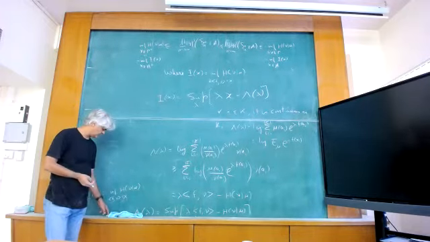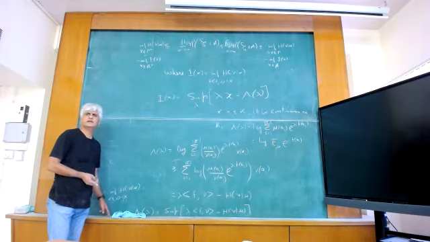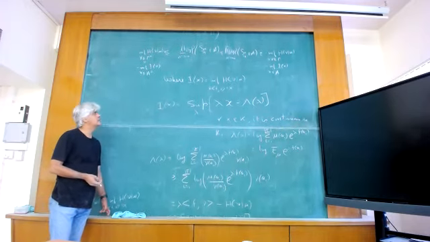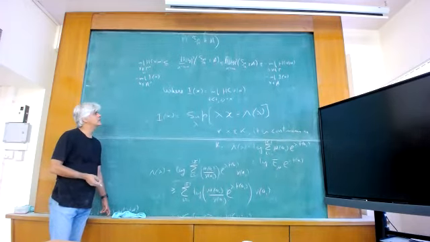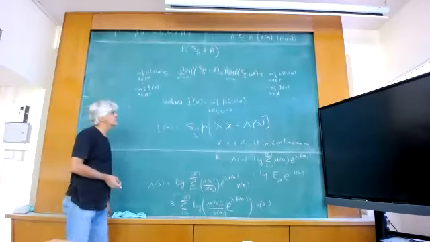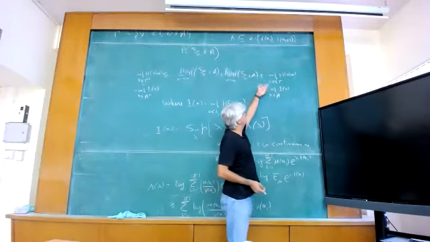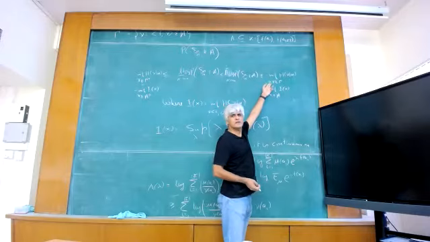F nu is equal to x, x in A. So we're just re-expressing this as this. They're obviously equal.